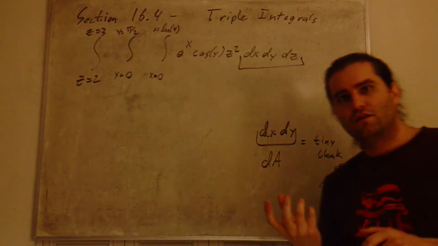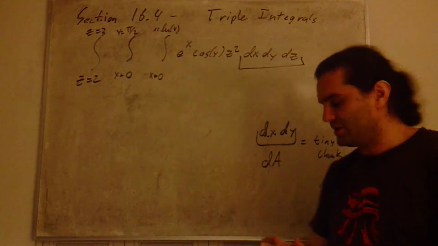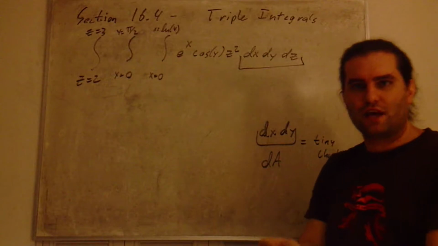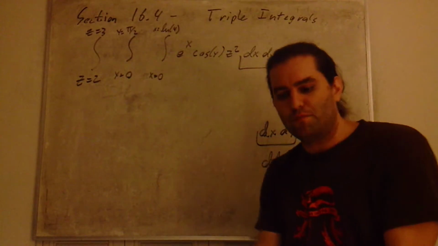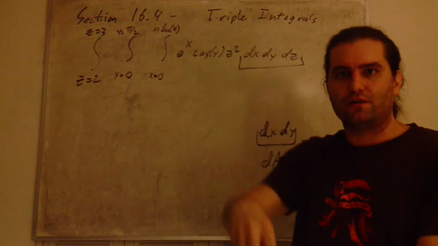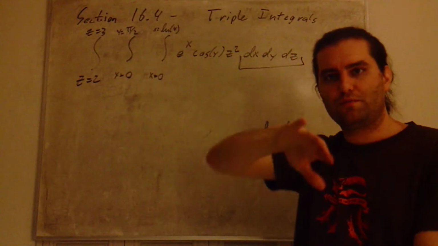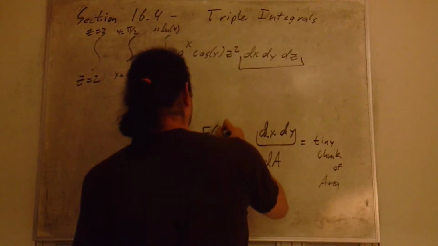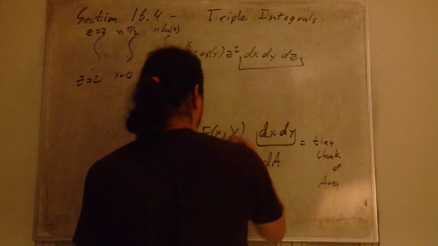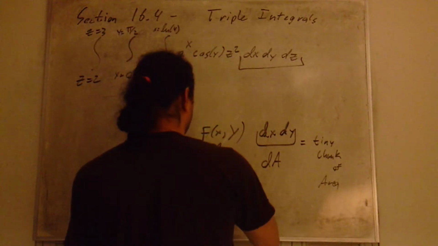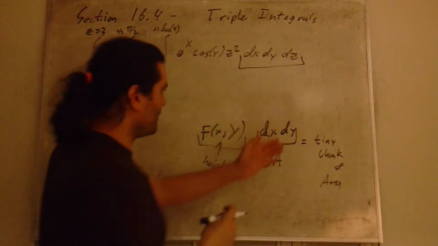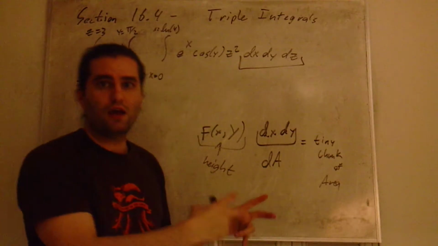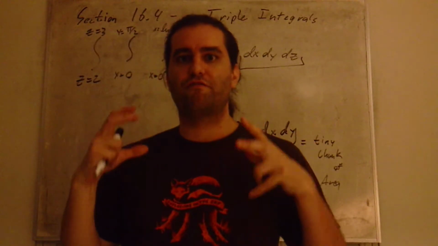Floating above our tiny chunk of area, our dx dy was a little two-dimensional, tiny infinitesimal square. And above this square we had a pillar of space that went up to the height. This was our area, and we were always integrating f of x, y. This was our height. When we multiplied this tiny chunk of area by our height, we got a volume. So when we did all these double integrals, we were finding volumes.